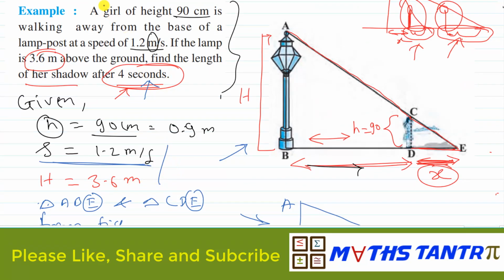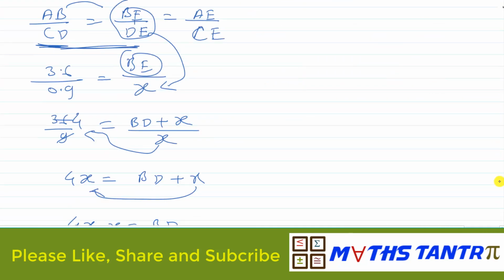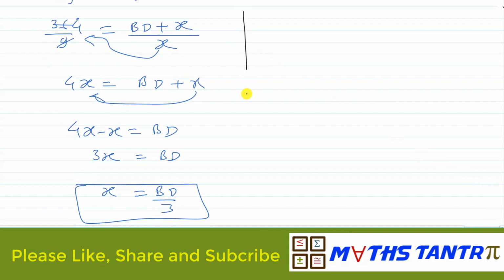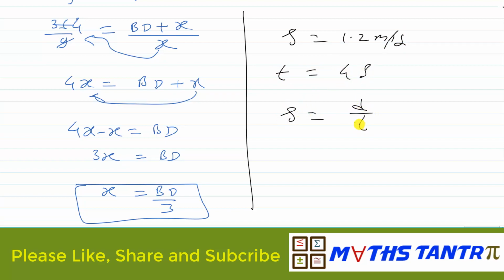So let's write here time as 4 seconds. If the speed and time are given, we can easily find the distance. Speed is 1.2 meter per second, right? And time is given as 4 seconds. We know that speed is equal to distance upon time. So therefore distance will be equal to speed into time.